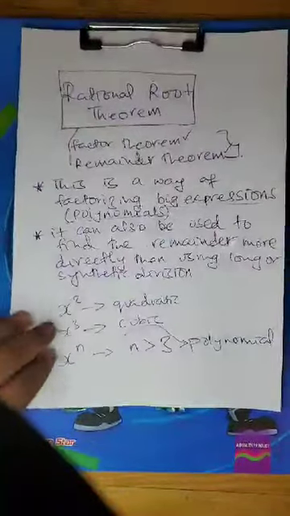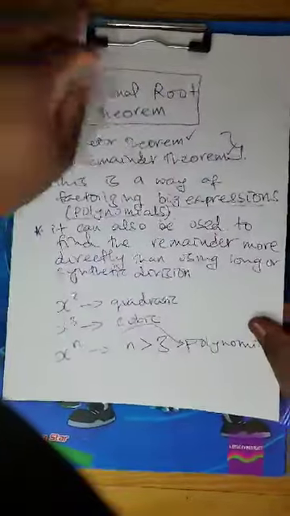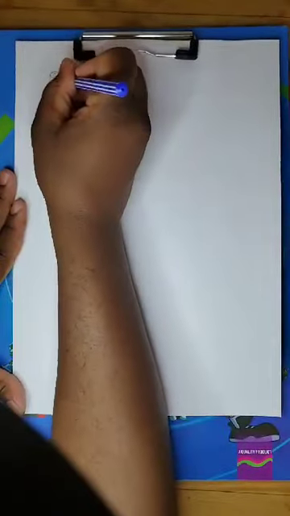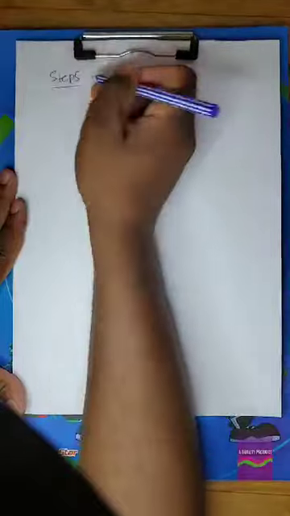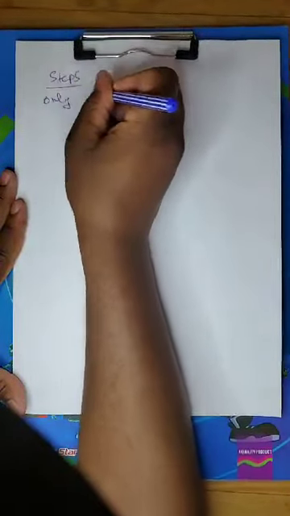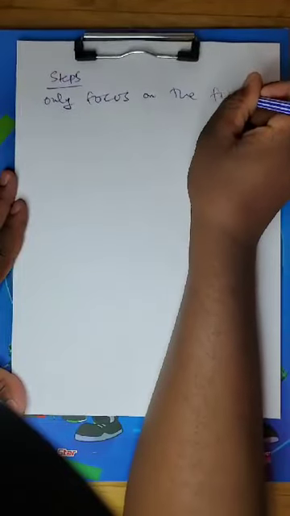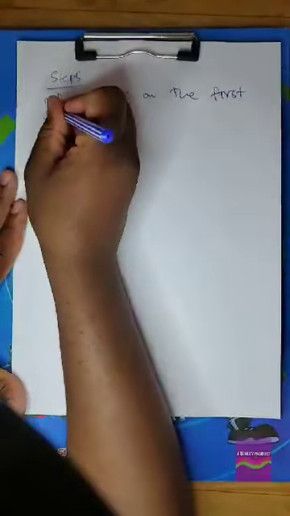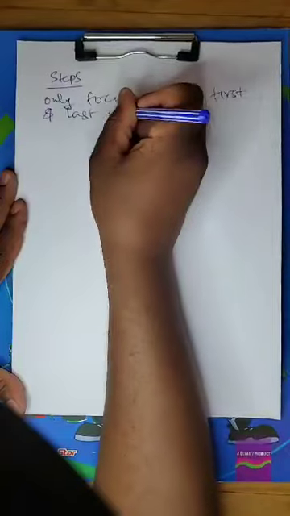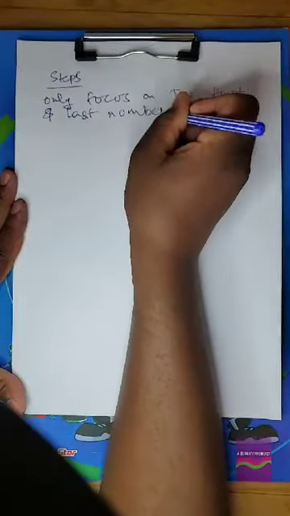So let me run you through the steps of using the rational root theorem. Steps. Only focus on the first and last numbers.